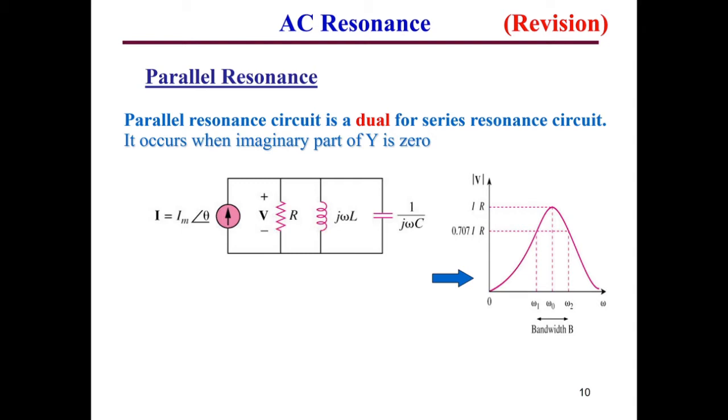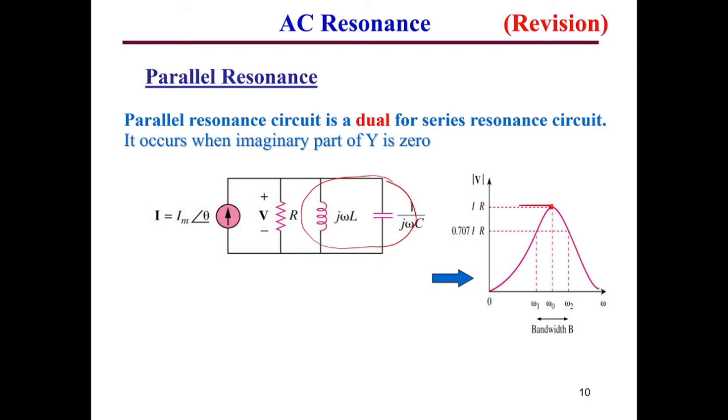Those two will have Y equal to 0, or Z will be an open circuit for those two. So the current will only flow through the resistance. As a result, the value of the voltage will be large. So that will be the peak.